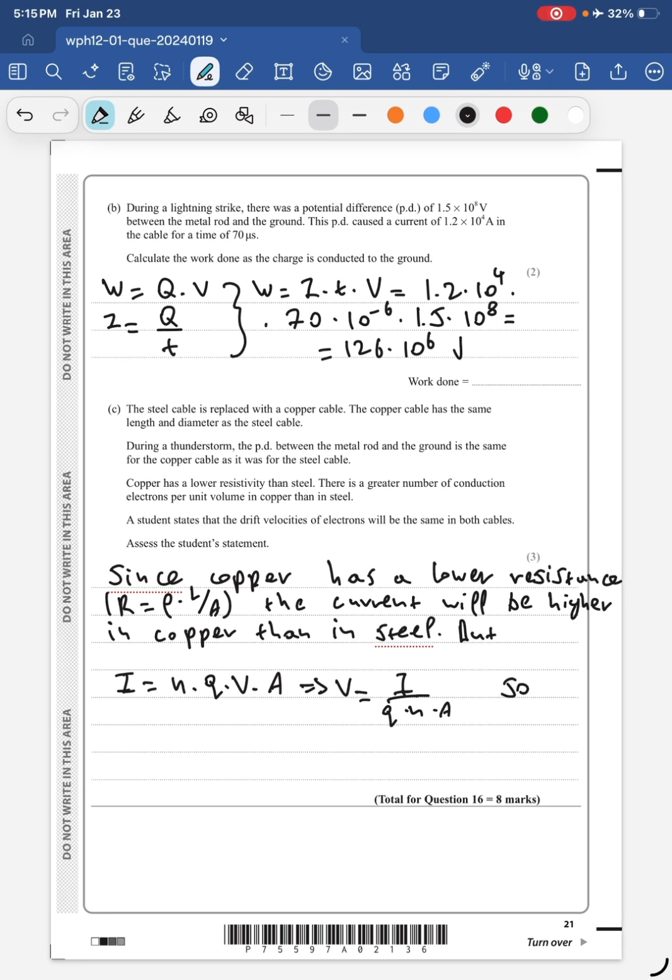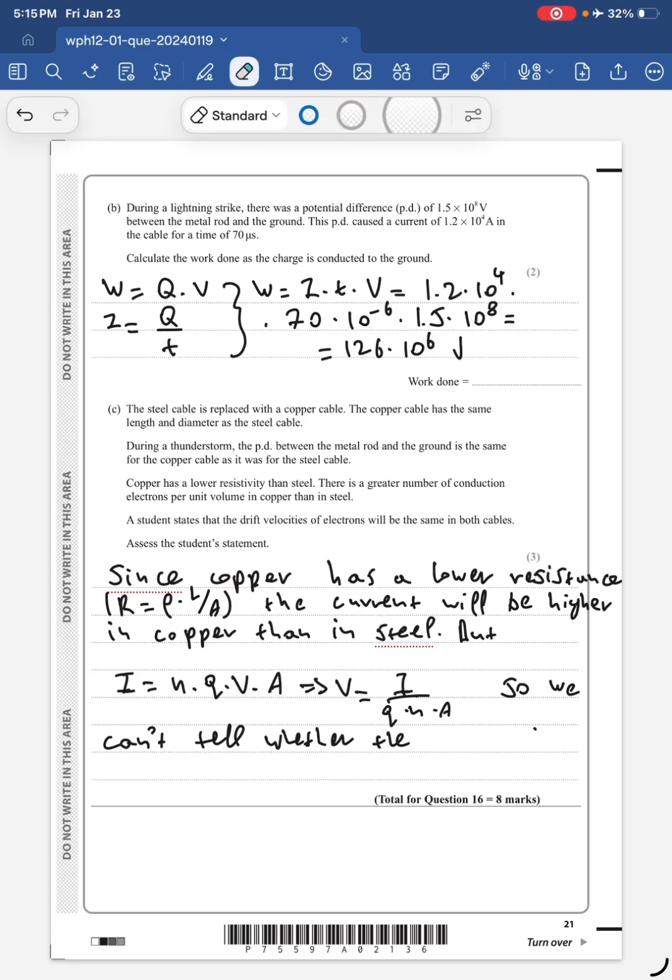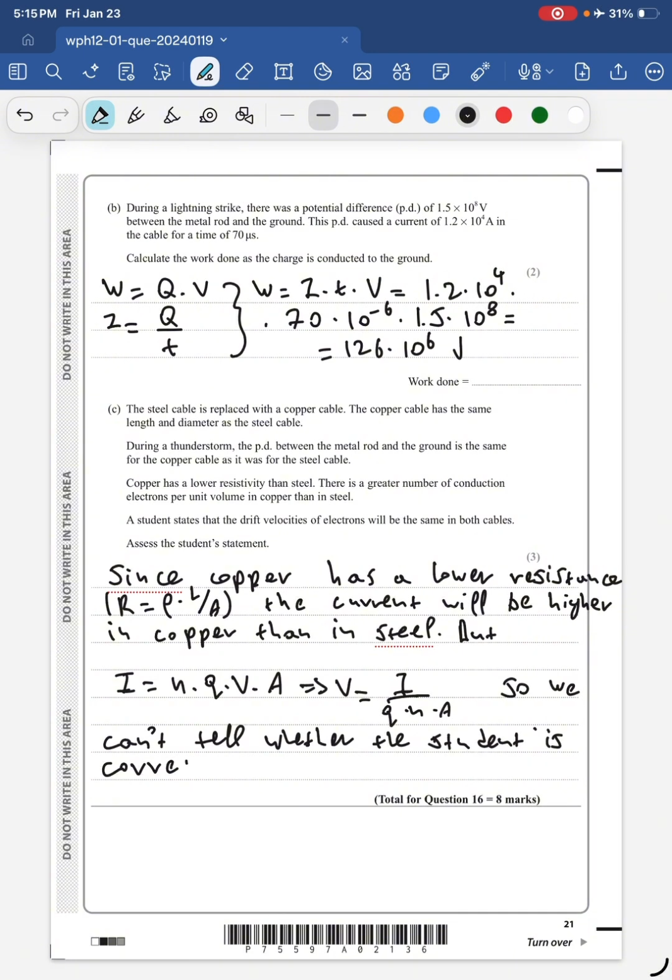So we can't tell whether the student is correct or not due to the ratio I over N, because we don't know the exact numbers for the current or the charge carriers, so we cannot tell whether the student is right or wrong.